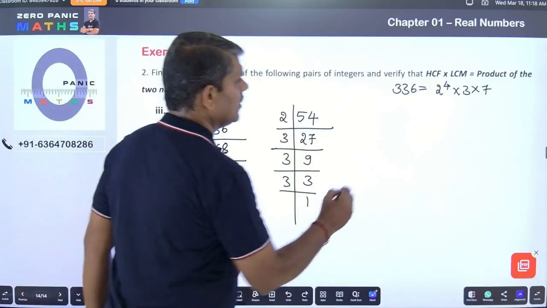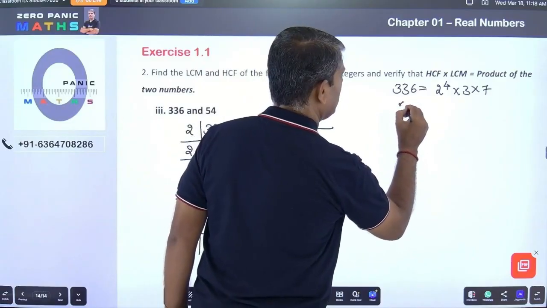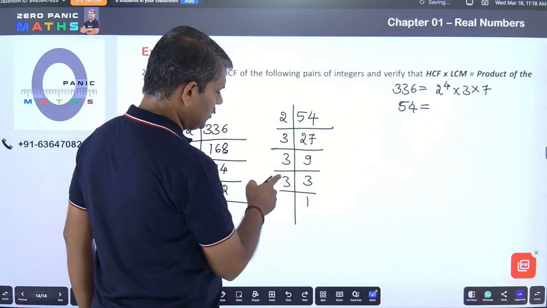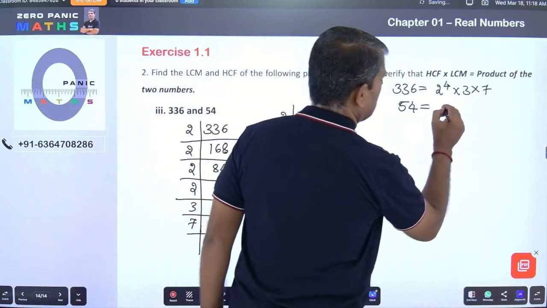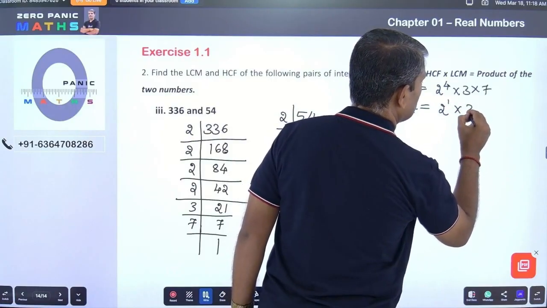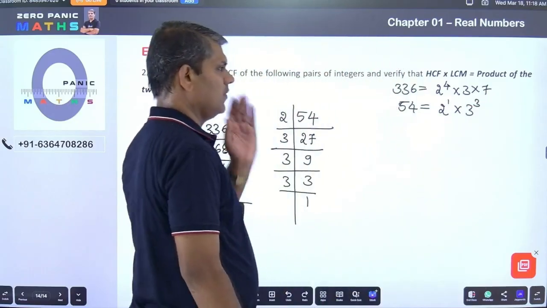Okay, so what exactly 54 is represented as? 2 and 3 to the power of 3. 2 to the power of 1 and 3 to the power of 3.